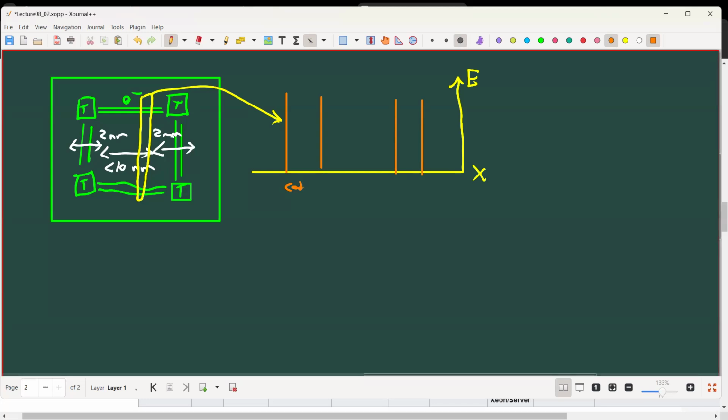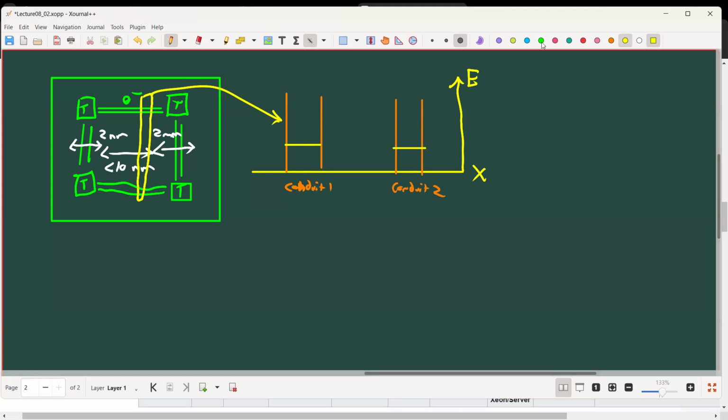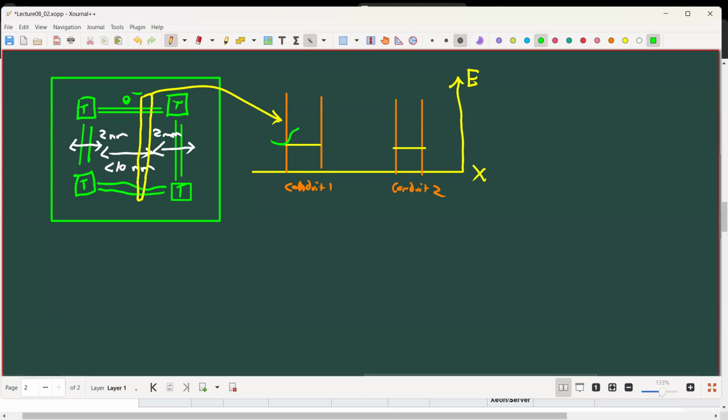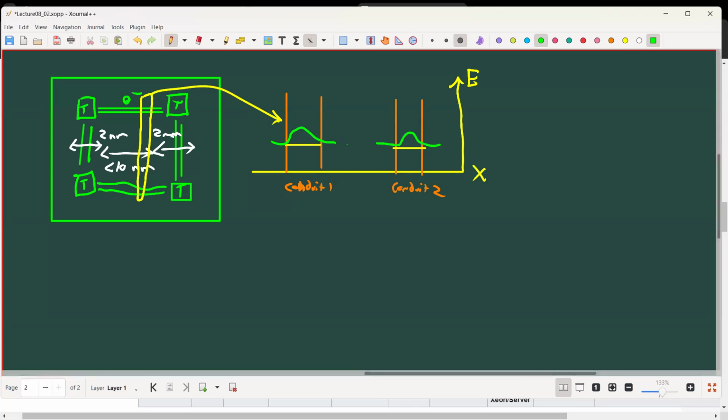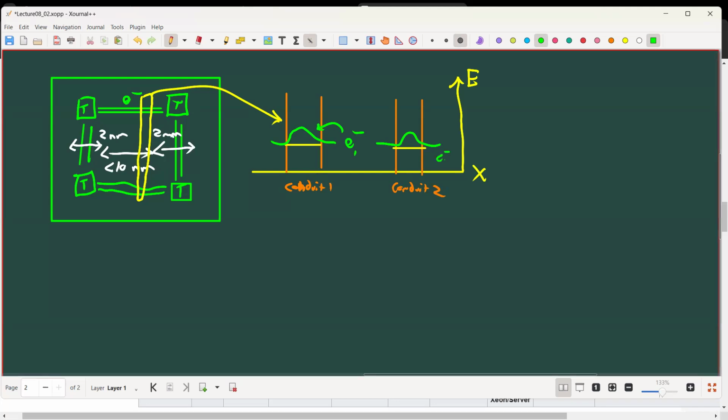So this is conduit 1, and this is conduit 2. And I have some electron moving through here at some energy. Here's my electron moving through here, and here's my electron moving through here. This is E1, and this is another electron.